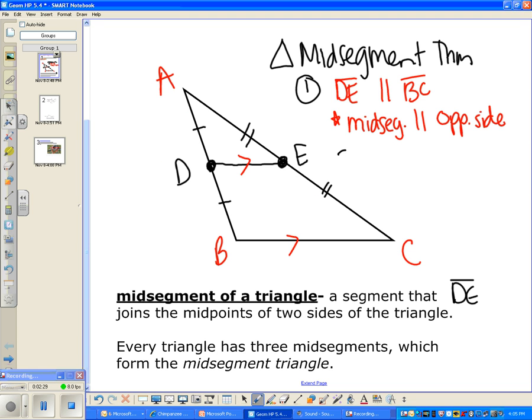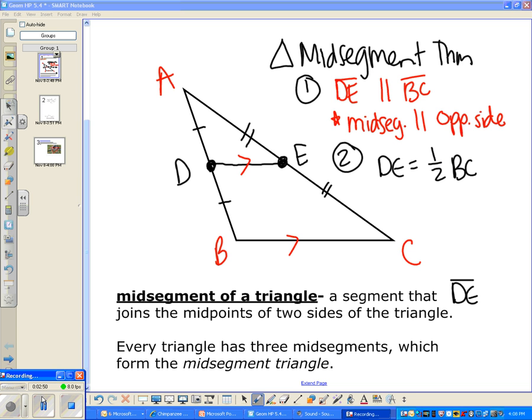And the other cool thing that happens is that DE is going to be exactly half of the length of BC. So the length of DE is half of the length of BC.